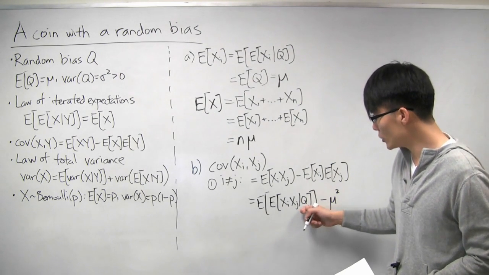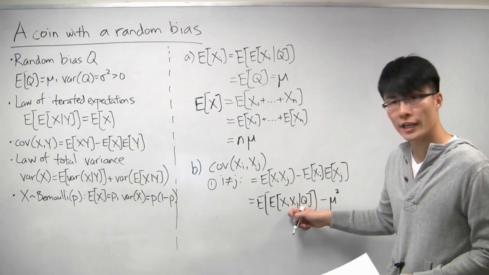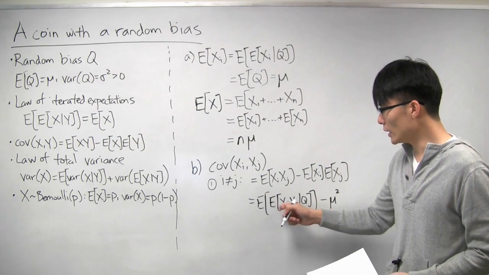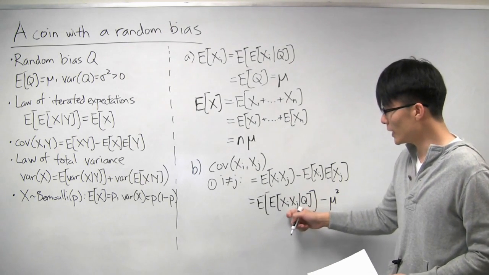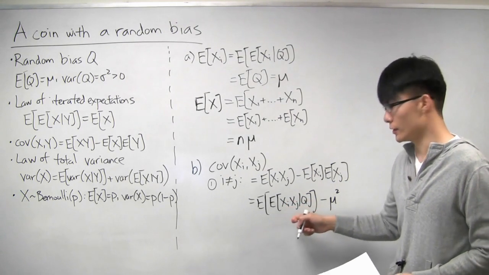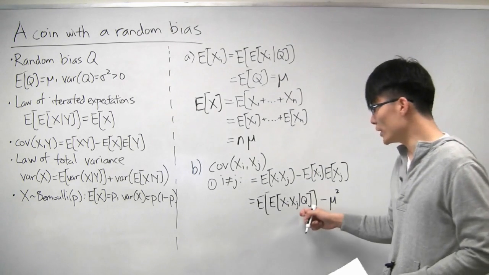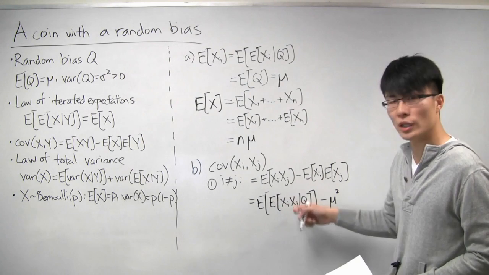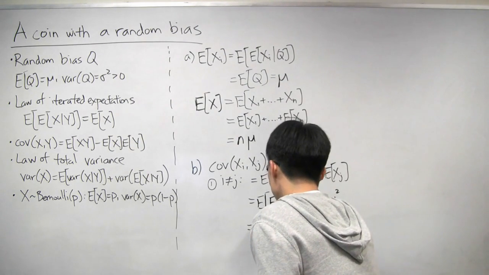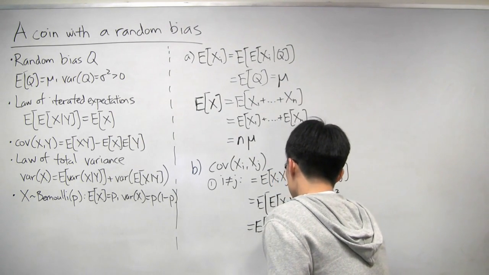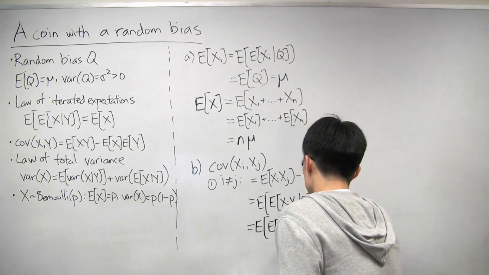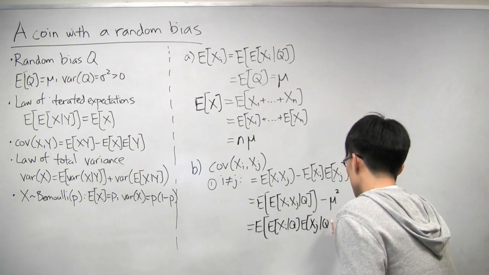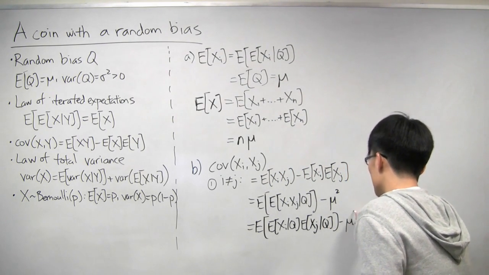So conditioned on q, xi and xj are independent. And when random variables are independent, the expectation of a product simplifies to the product of the expectations. Because we're in the conditional world on q, it's going to be a product of two conditional expectations: expectation of xi given q times expectation of xj given q, minus the mu squared still.